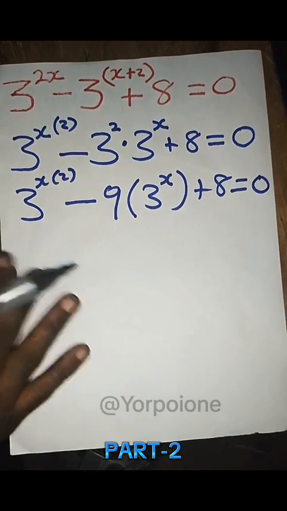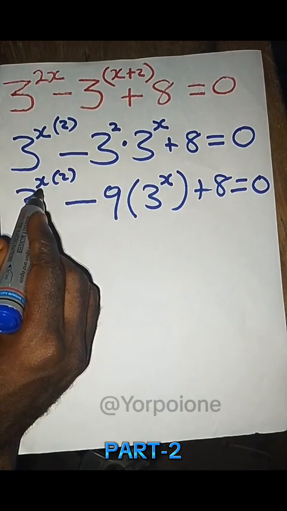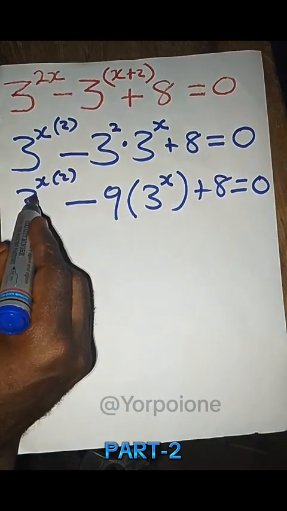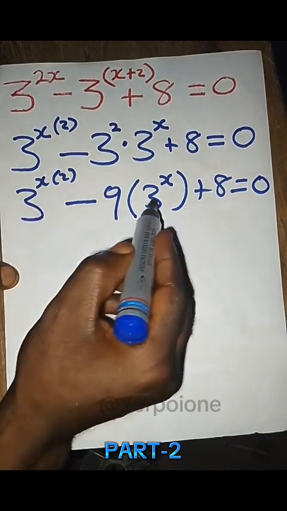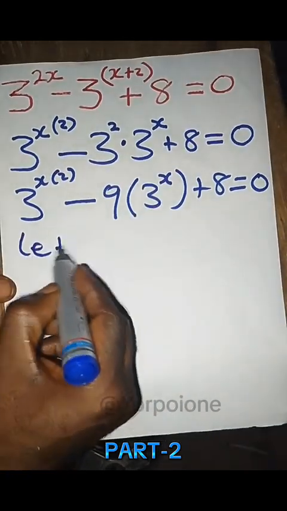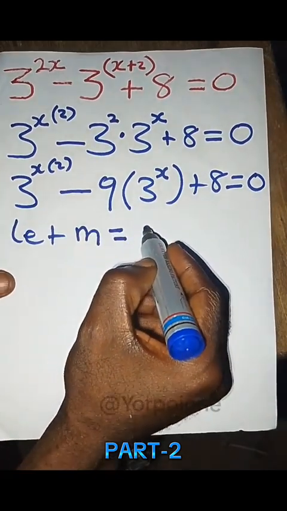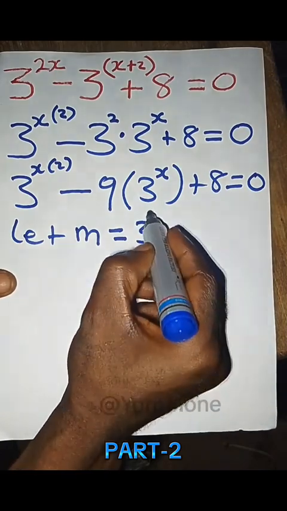Okay, so what will be the next thing we need to do here? Now, let's use a letter to represent 3 to the power x, because we have 3 to the power x here and we have 3 to the power x here. So let m be equal to 3 to the power x.